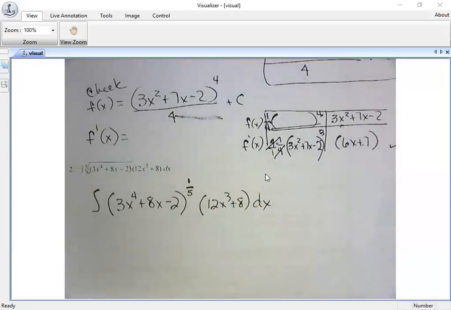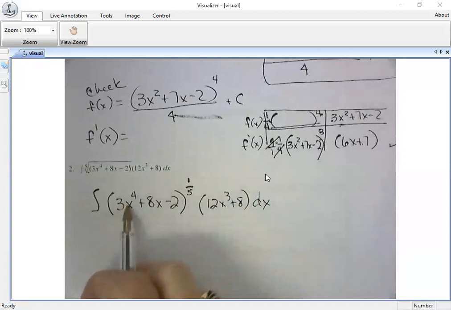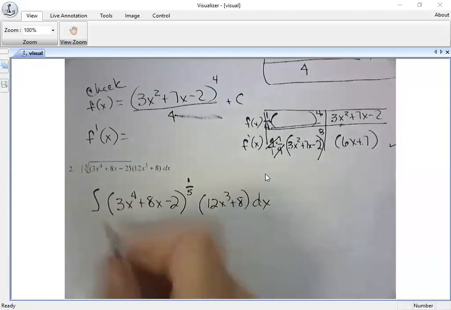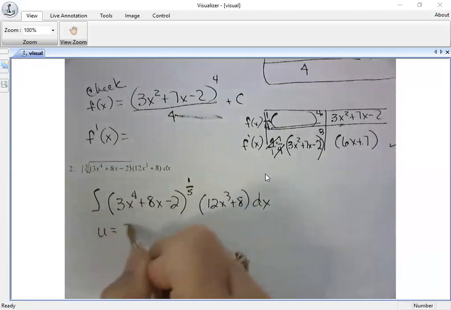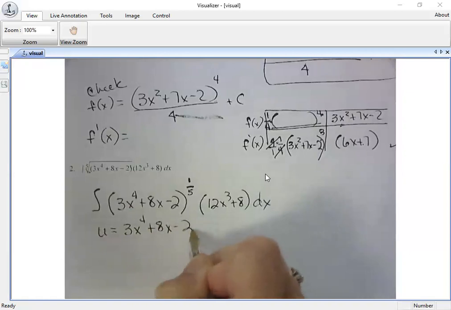Now, I think, Hannah, you said we should try U-substitution, correct? And what do you think U is going to need to equal? The 3x to the 4th plus 8x. Very good, because this parentheses has the larger exponent. When I compare the two parentheses, let's let U be 3x to the 4th plus 8x minus 2.